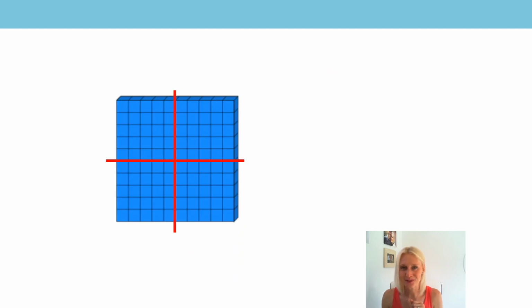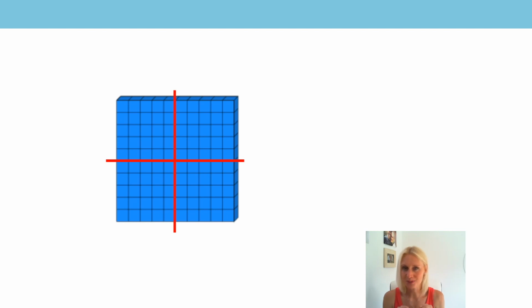Can you see I've given you a clue? You probably are looking at that thinking, oh, I know, we're going to divide it into 4 equal parts. Yes, you're right. What would that look like? 4 equal parts as a fraction. And this is your challenge. I want 2 fractions.